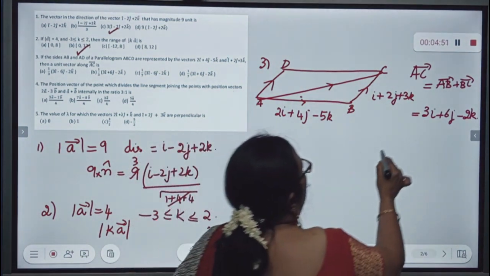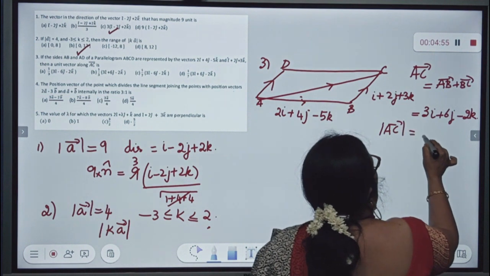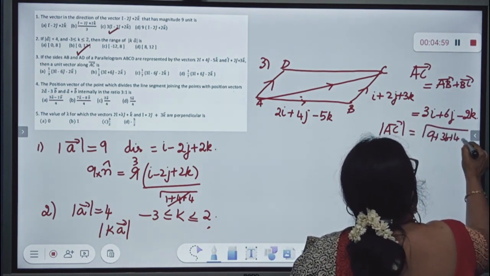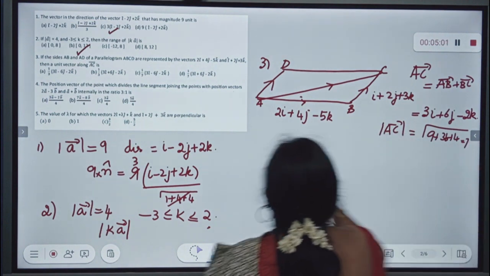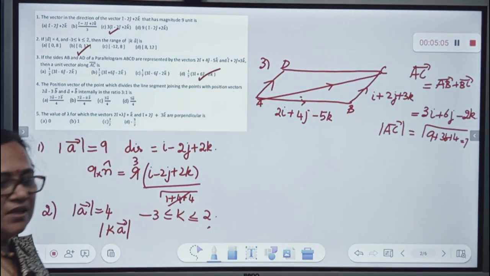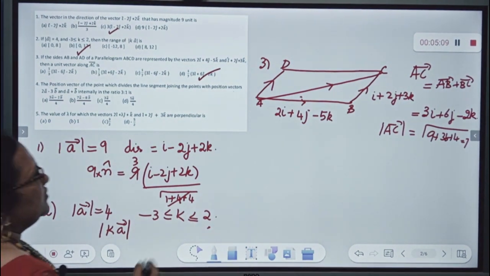The modulus of the AC vector will be root of 9 plus 36 plus 4, which is 7. So (3i plus 6j minus 2k) divided by 7 is the correct alternative. Next question.